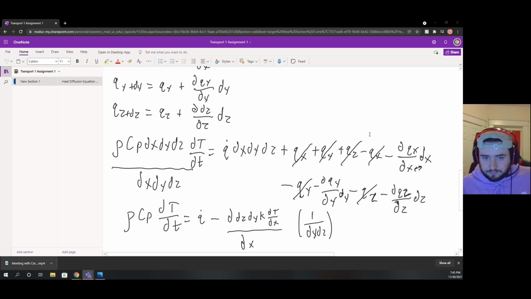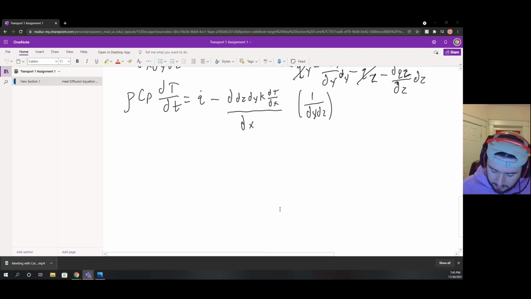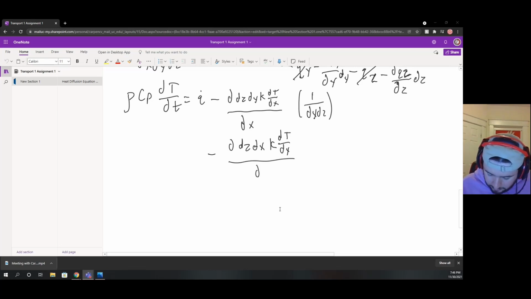And then, so we're going to end up subtracting 3 terms. The next one is the partial differential of dz dx times thermal conductivity times change in temperature over change in distance over the partial differential of the distance times area.